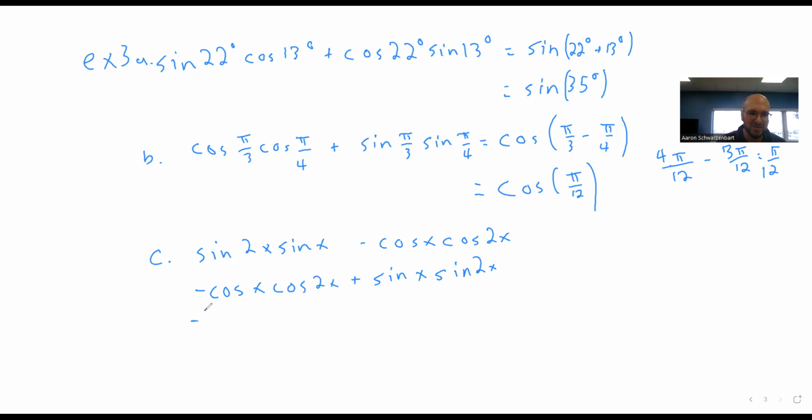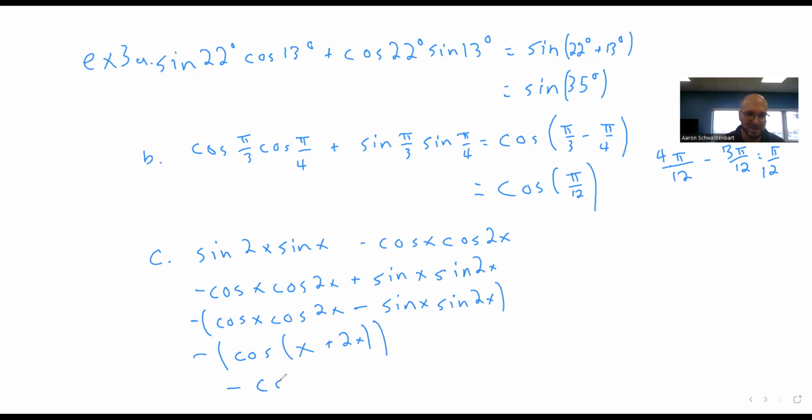Okay. I'm going to factor out my negative so that I have cosine supposed to be positive for this identity. And that makes my one in the middle negative. So this looks like a cosine sum with having the minus. And then I just add x plus 2x and get 3x.